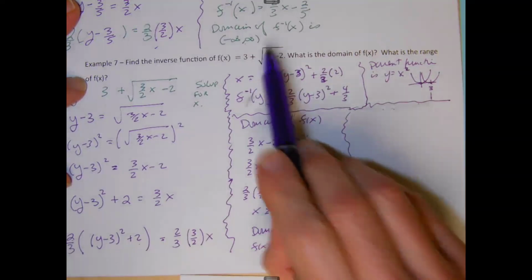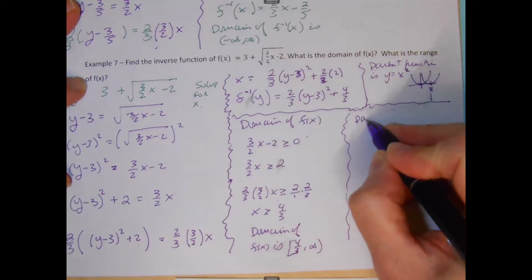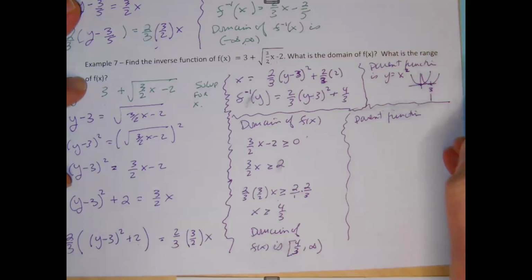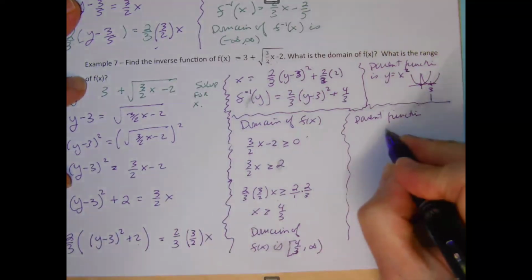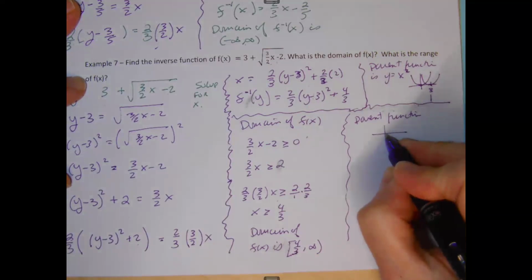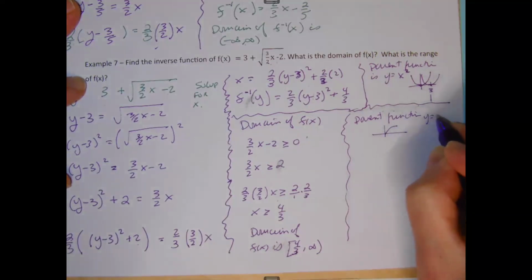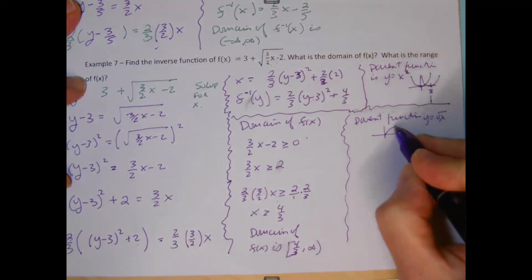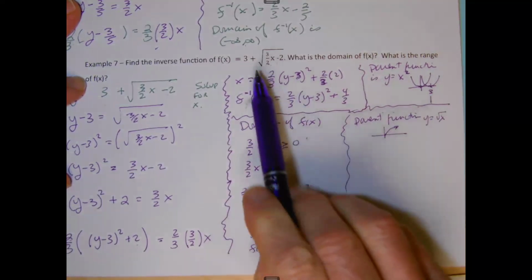So when I look at this, what is the parent function? The parent function is just y equals square root of x. And that's what this graph looks like.